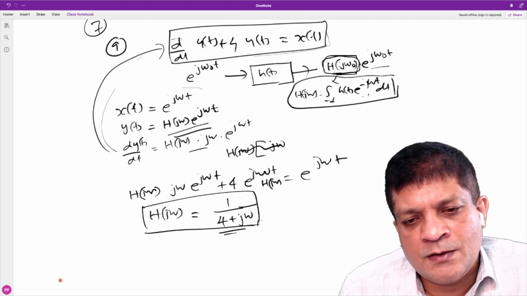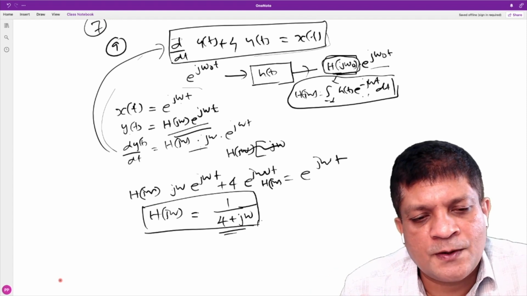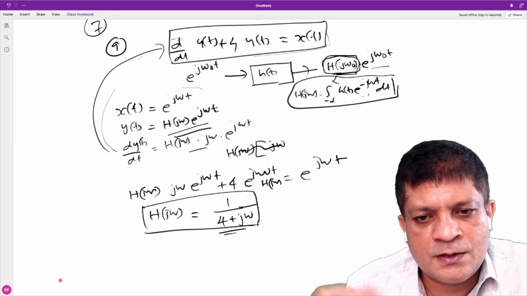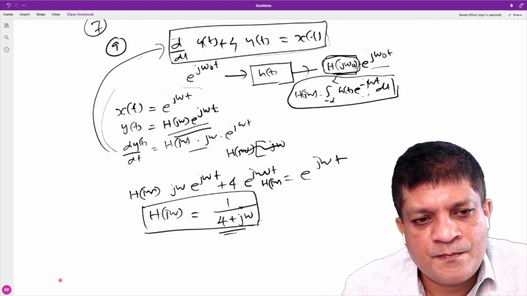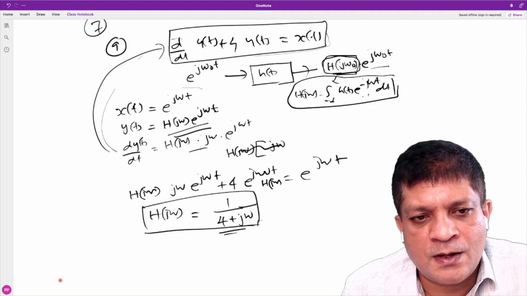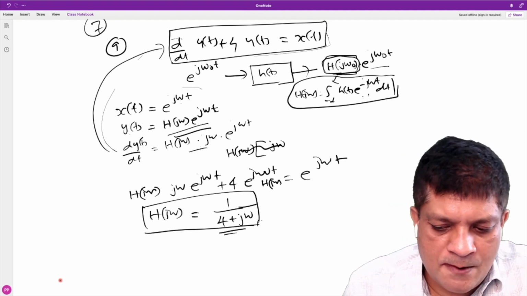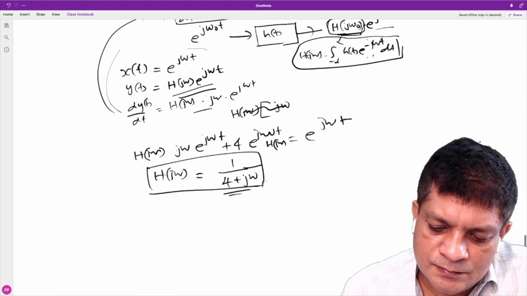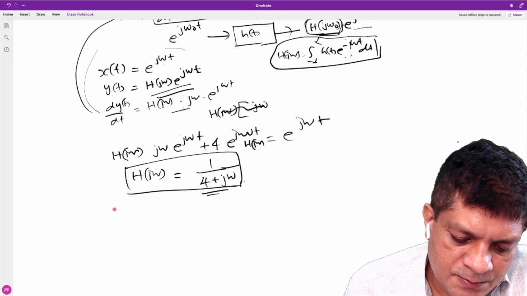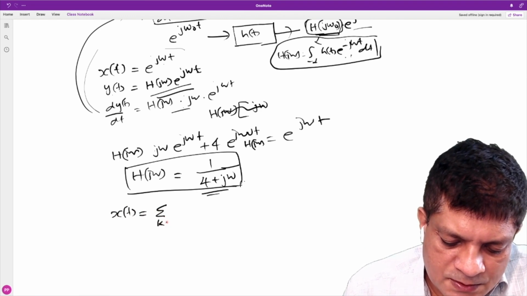Now, what is the relation between the Fourier series coefficients at the input and the output of a system? If you are giving a periodic signal as input to a linear time invariant system, what about the output? Will it be periodic? Let's say the input signal is x(t). What is the Fourier series representation?